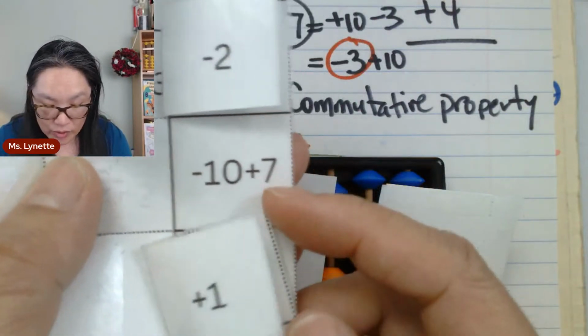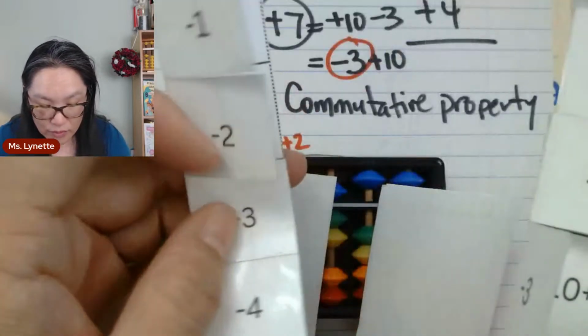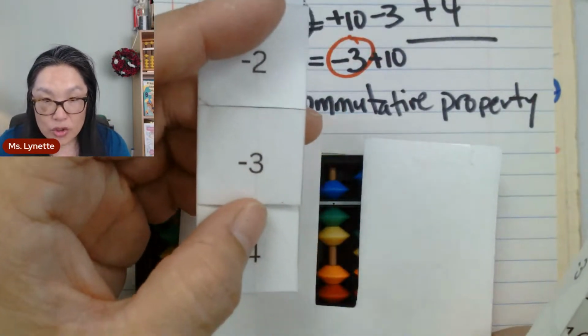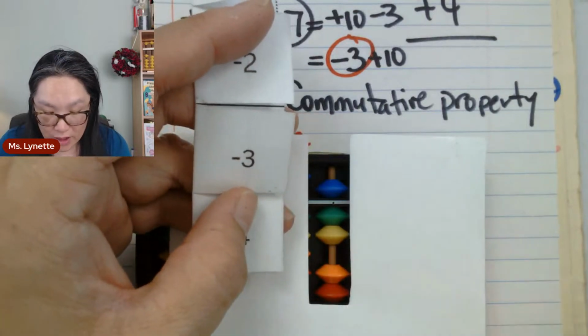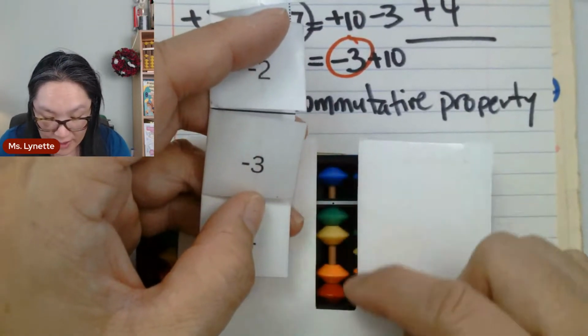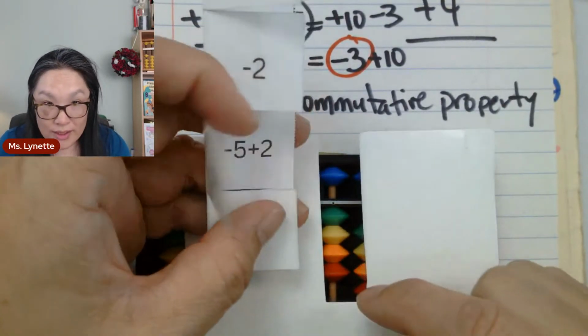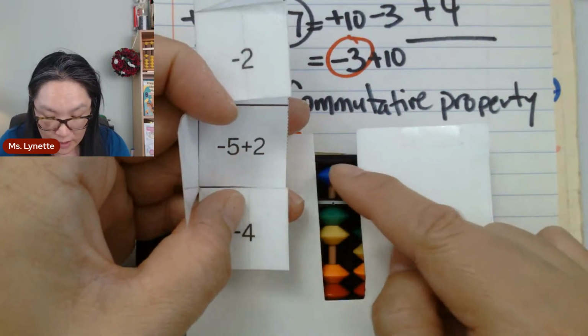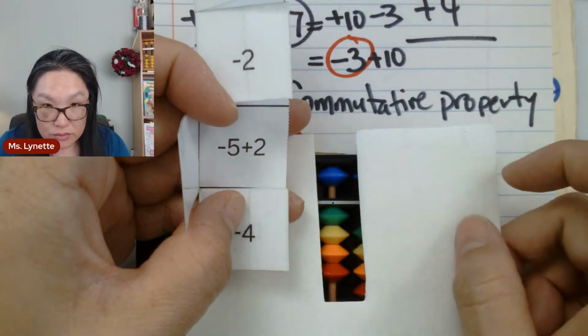Now, how do I know which one to do? You always start with the 5 first. So I want to minus the 5 and I want to plus the 2. That's what I did here. These are directions.